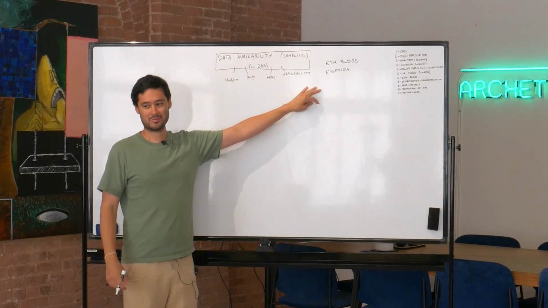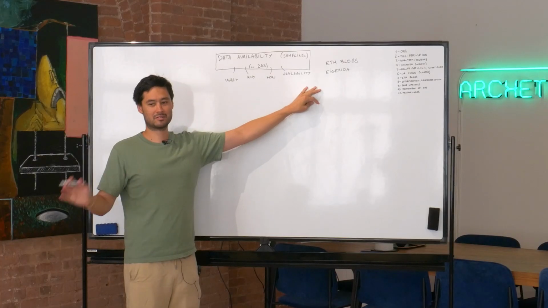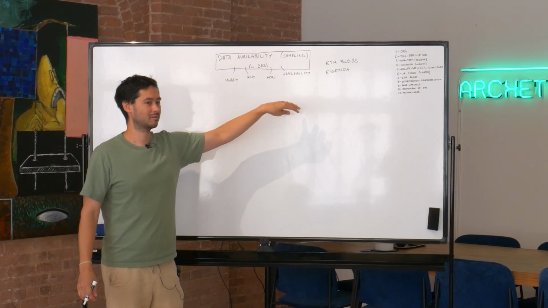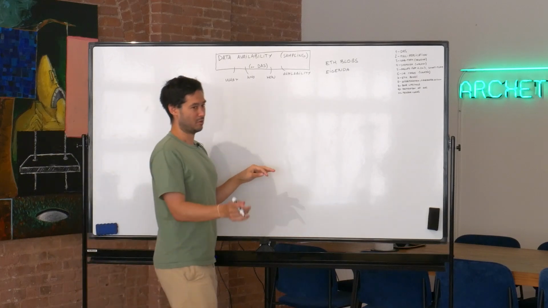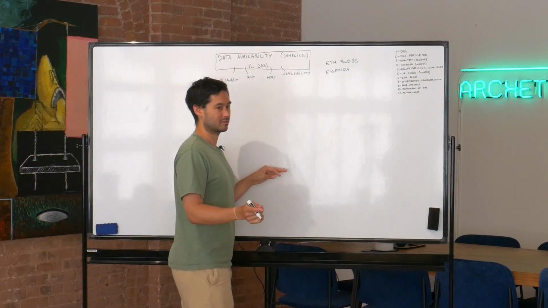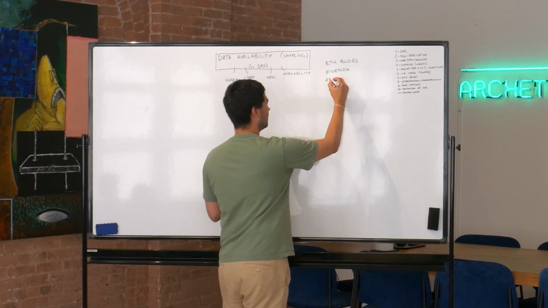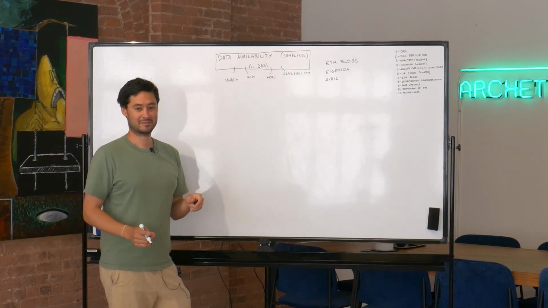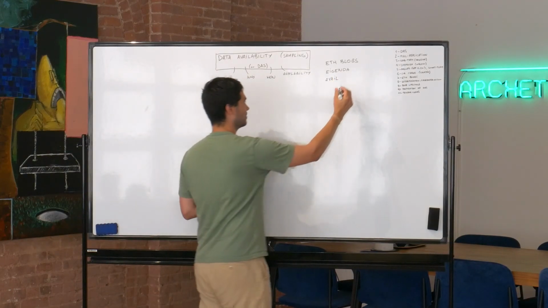Anything else? Avail? Yeah, Avail, like the Polygon stuff. So Avail is one of them. What's the name of Nick White's project? Celestia is one of them.